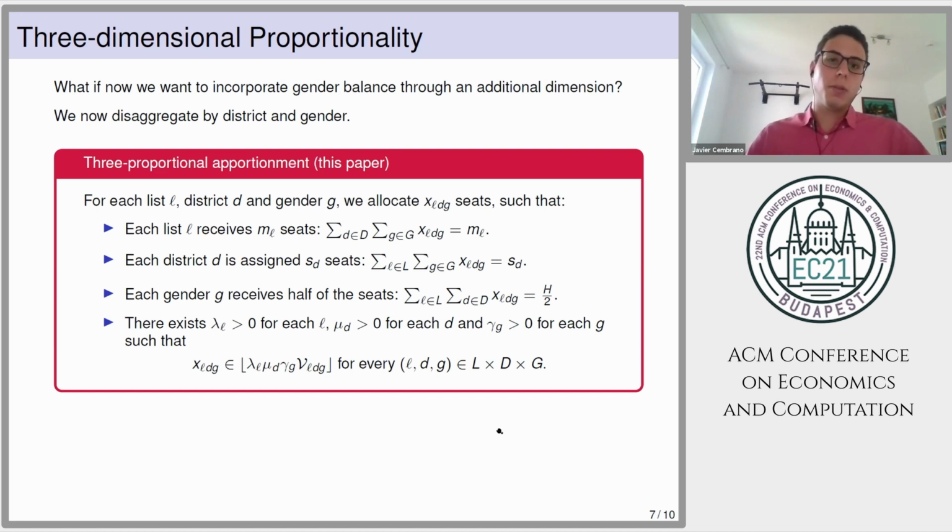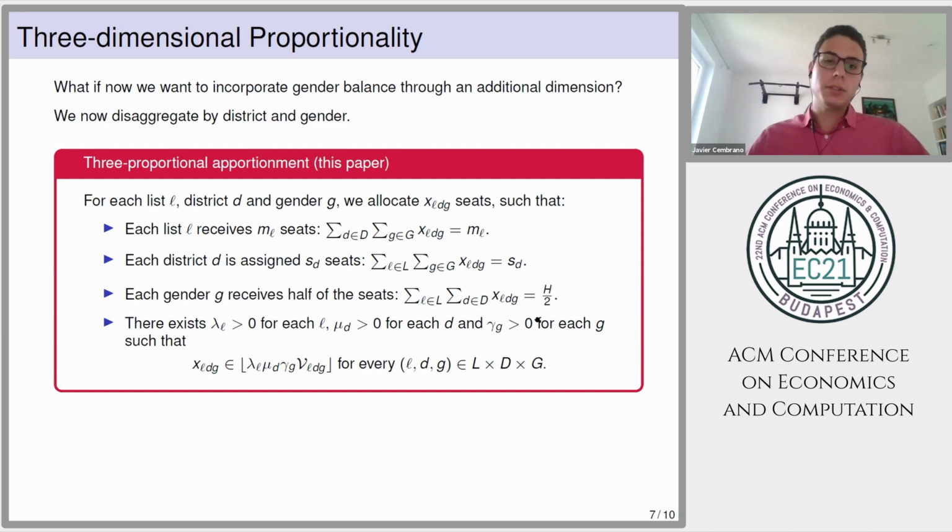So the definition of a 3-proportional apportionment in this context is a 3-dimensional tensor X, such that once again each list L receives the predefined number of seats M sub L, the same with each district D, and now we want each gender G to receive half of the seats, supposing that H is even for simplicity.